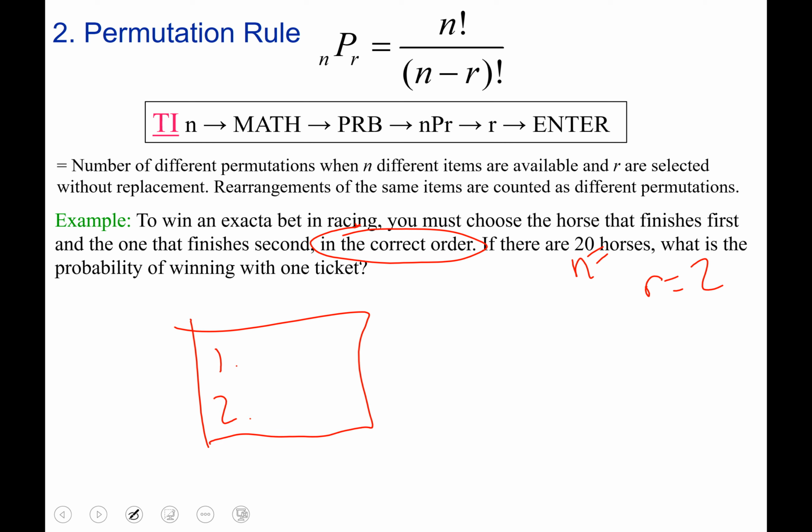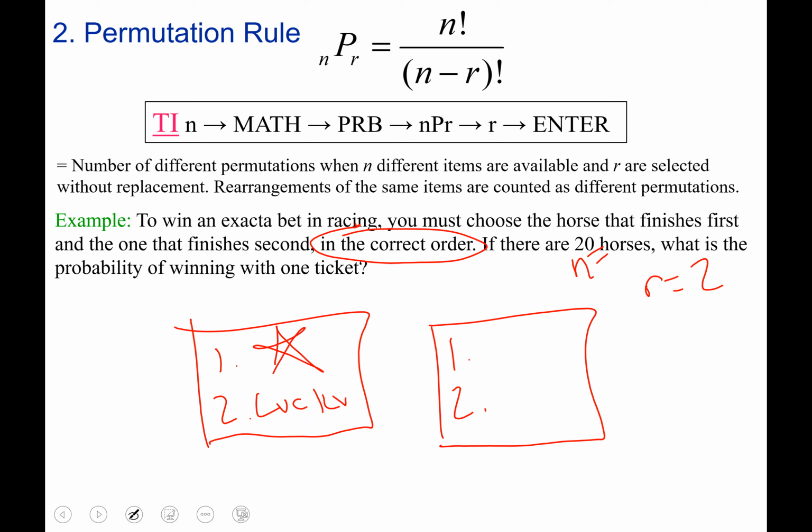If that is my ticket that I'm purchasing to bet, and this is your ticket, and let's say I choose Star is going to win first, and then Lucky is going to take second. And let's say you choose the same 2 horses, but you say Lucky is going to take first place and Star is going to take second. So my question to you is, are those 2 tickets different?